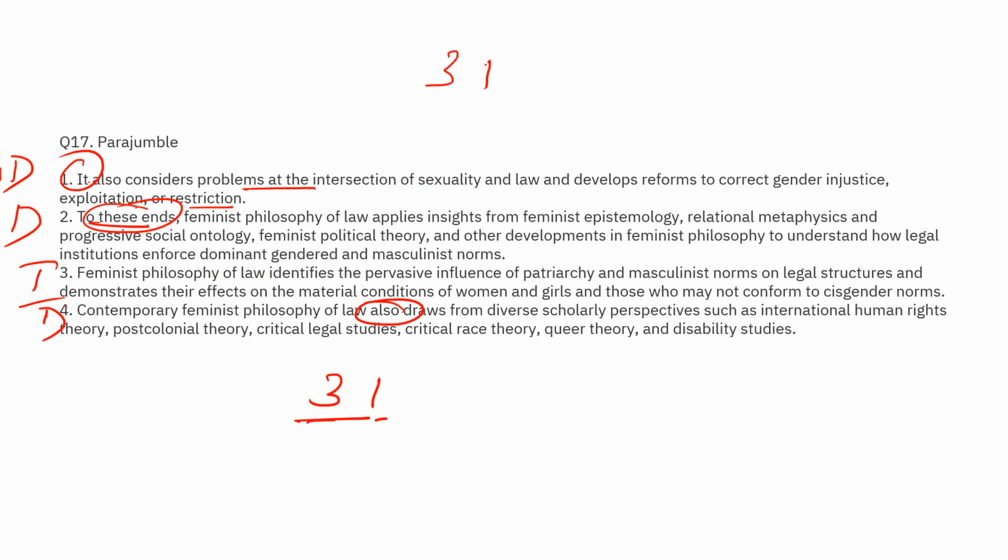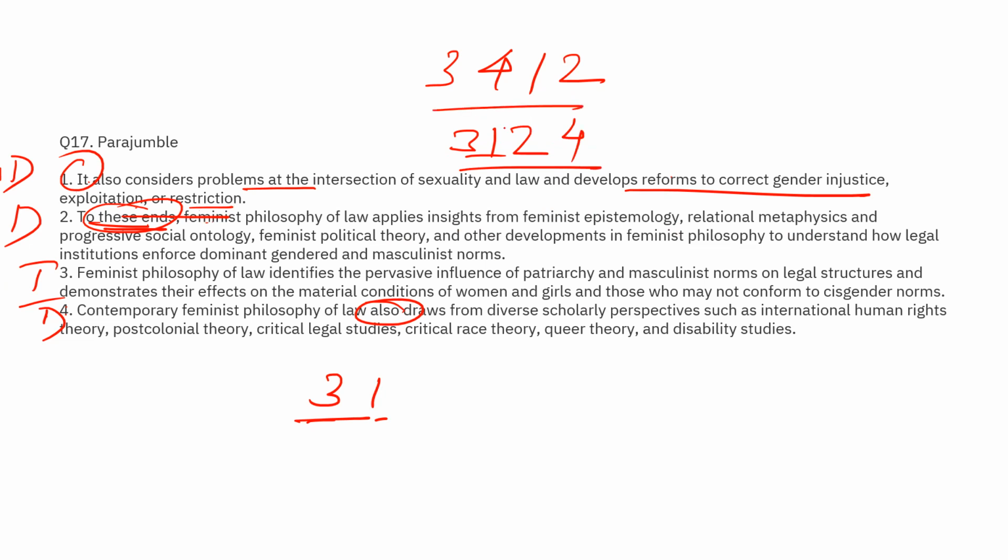So it could be 3, 4, 1, let's say hypothetically, or it could be 3, 1. And then to these ends, now these ends are specifically this: developing reforms to correct gender injustice, exploitation, and restriction. That's it. So to these ends, feminist philosophy of law applies insights from feminist epistemology, relational metaphysics and so on. So this 2 will definitely come after 1. So either this can be it, or this can be it.